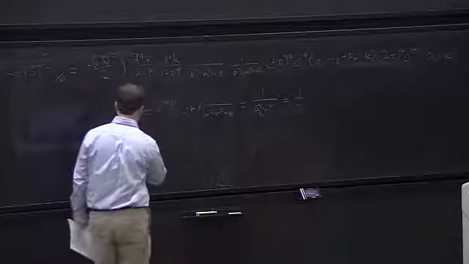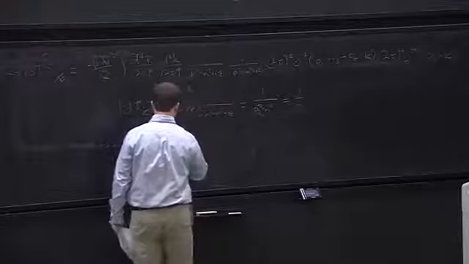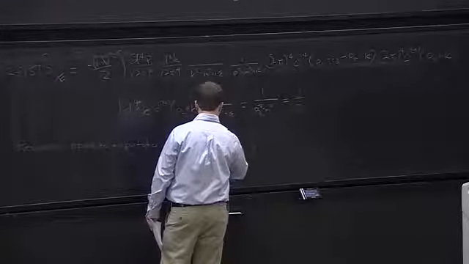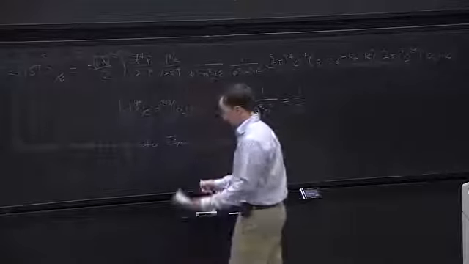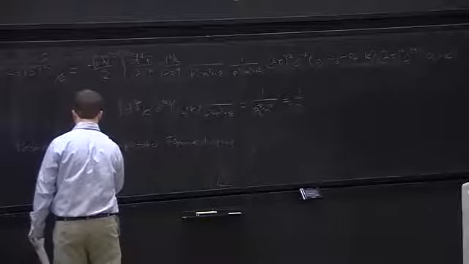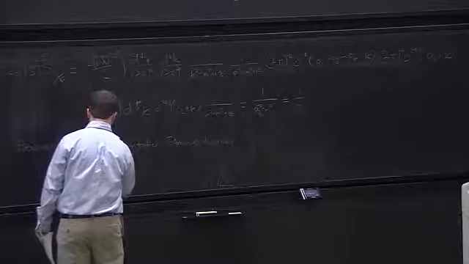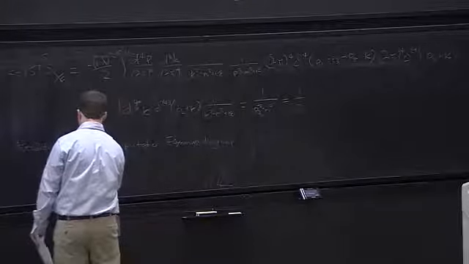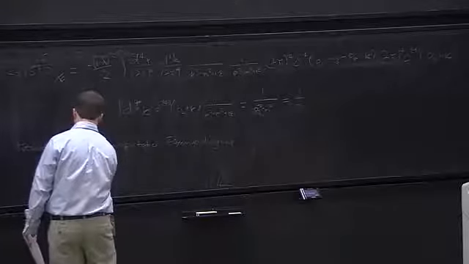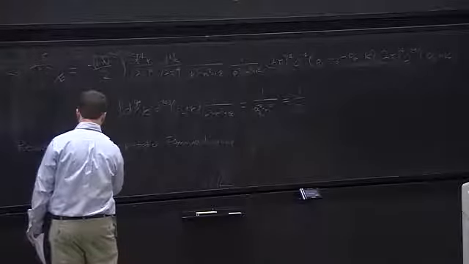So what we need to do is amputate our Feynman diagrams. What does that mean? So if we've got some Feynman diagram like this, with a bunch of corrections on the external legs, and maybe something crazy going on in between.